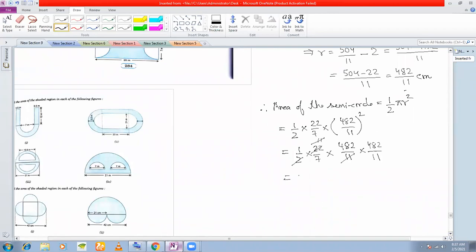Yes, so what you get here is 482 into 482 divided by 7 into 11, which is divided by 77. So this is 3017.19 centimeter square.